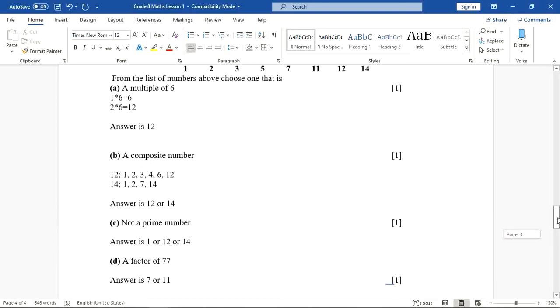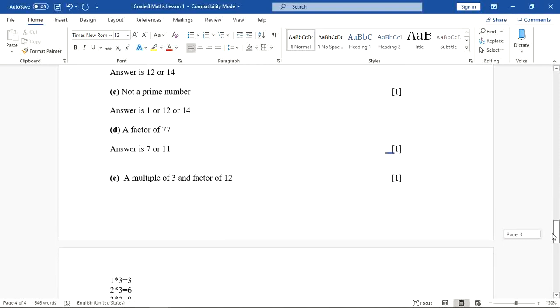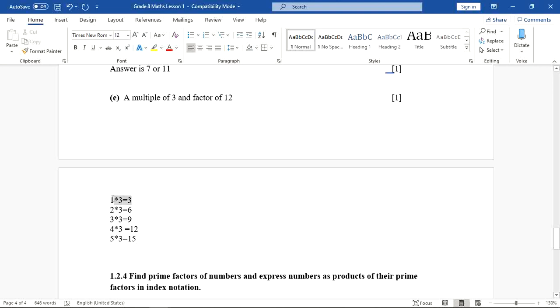The list has 3 and 12, and we have them here. So 3 is a multiple of 3, and at the same time we also have 12. So that number must be either 3 or 12. Yes, because 3 is a multiple of 3, and 3 is also a factor of 12.